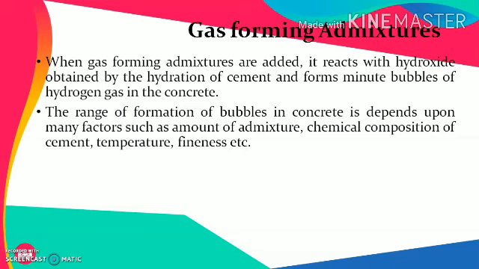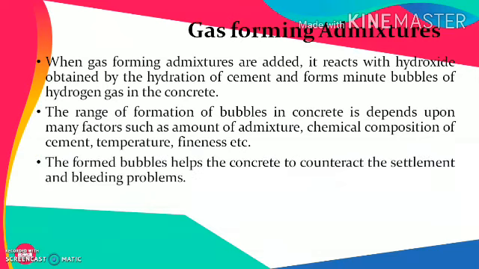As we are aware, the higher the temperature, the more the volume of the bubbles will be, and the more space will be occupied by the bubbles. The formed bubbles help the concrete to counter the settlement and bleeding problems.